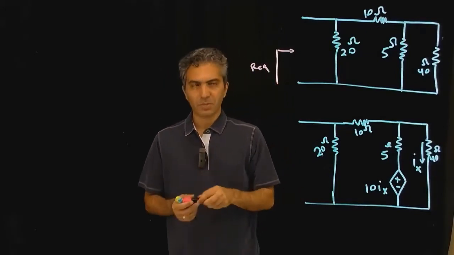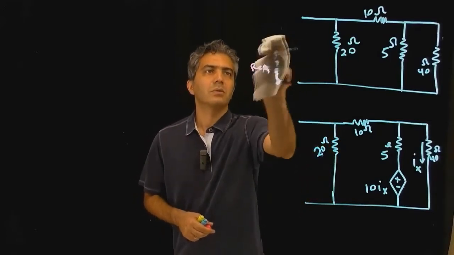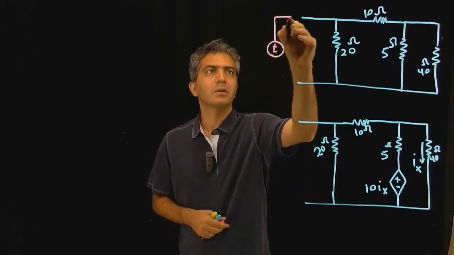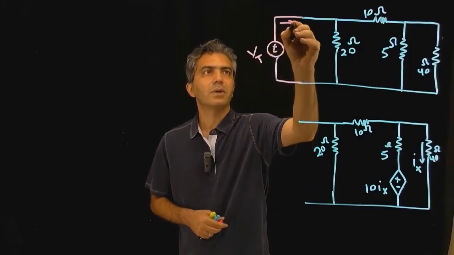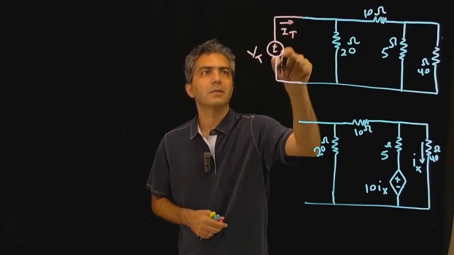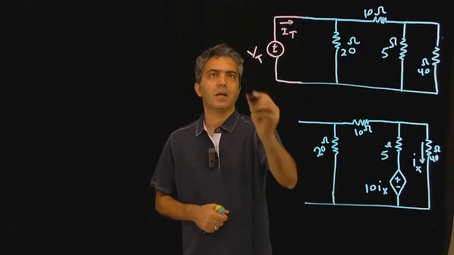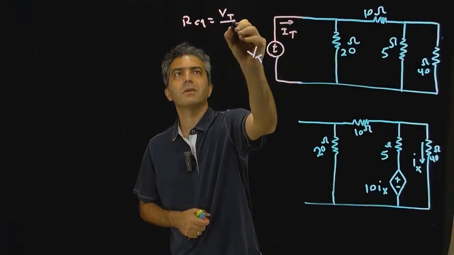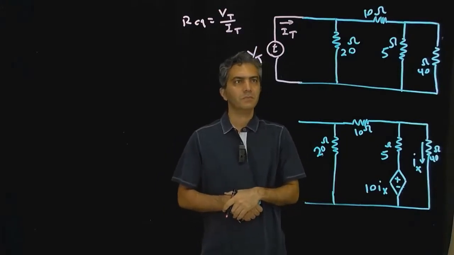Well, the general approach to calculate equivalent resistors is to connect it to a terminal, to put a test voltage here. We call it V test. Look at the current I test that is coming out of that source, and R equivalent is simply V test divided by I test. That's the definition of a resistance.